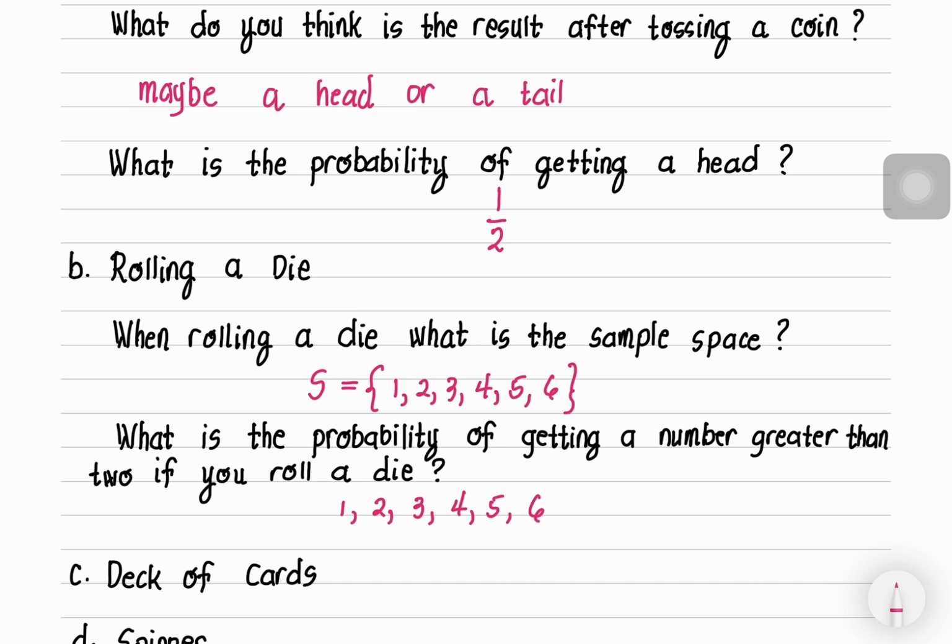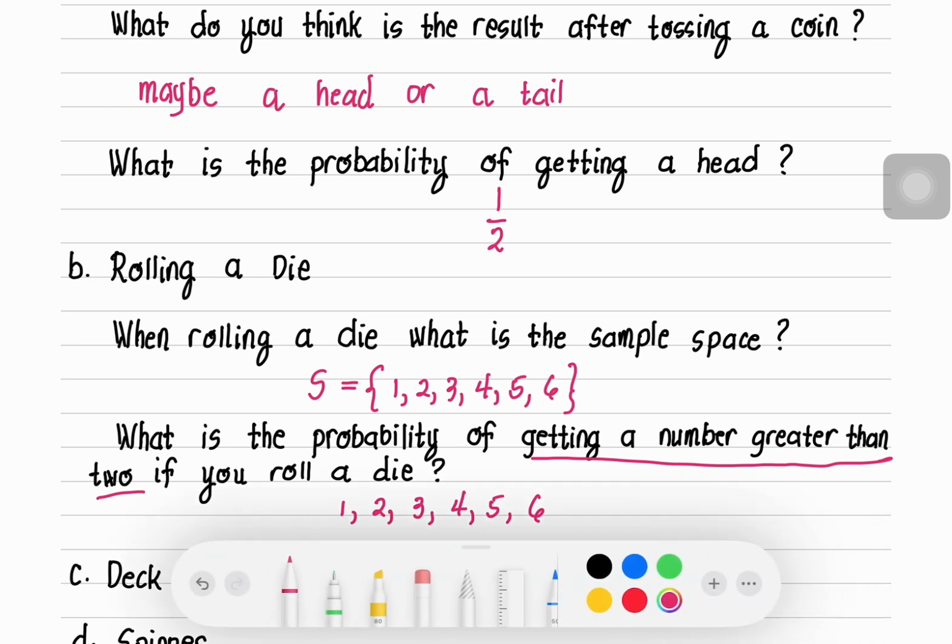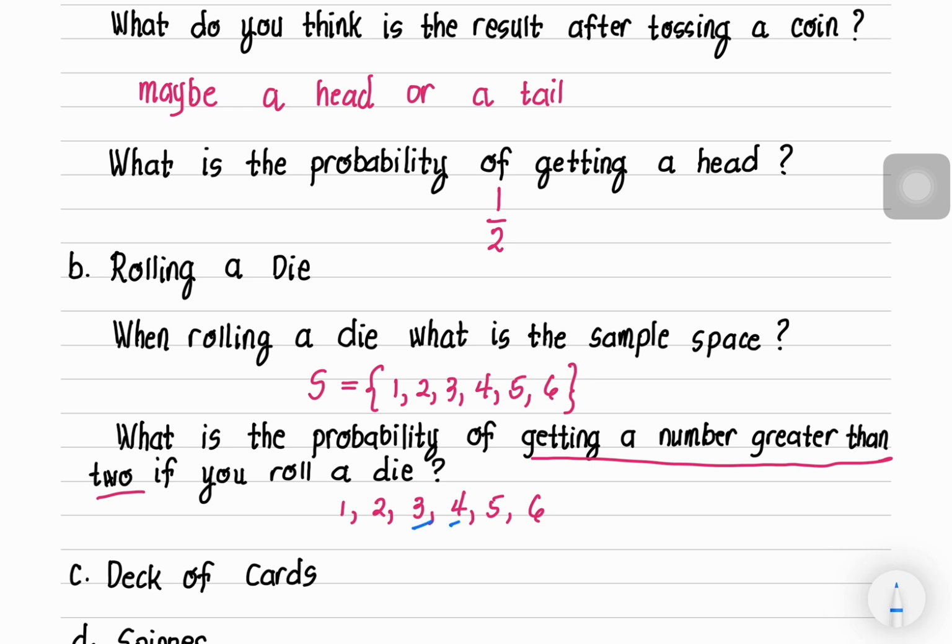Okay? So, bakit naging ganon yung sagot natin? Sabi kasi dito, class, what is the probability of getting a number greater than 2? Okay, mas malaki kaysa kay 2, right? So, we only have 3, 4, 5, and 6. So, how many possible outcomes are there? We only have 6, right? Okay, so that is 4/6.